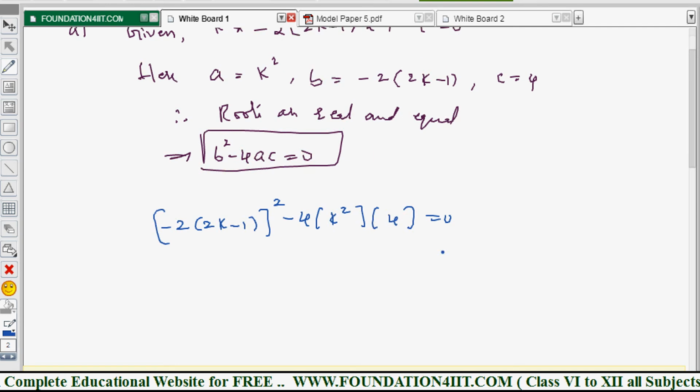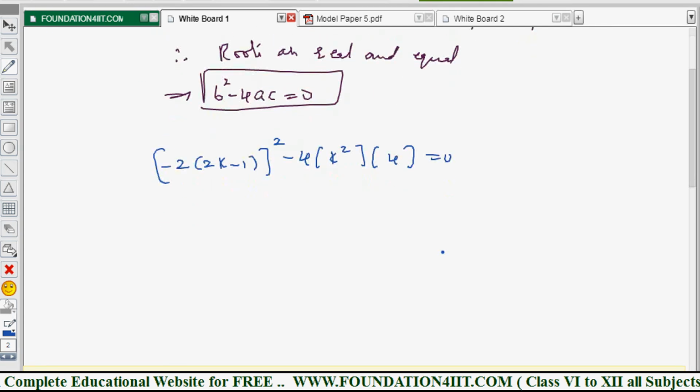So let us simplify this complete equation. Then minus 2 into 2k minus 1, let us take minus 2 common, minus 2 whole square is 4 and 2k minus 1 square minus 4 into k square into 4 is equal to 0. If you take 4 common, then 0 by 4 is equal to 0. Then 2k minus 1 square minus k square into 4, that is 4k square.